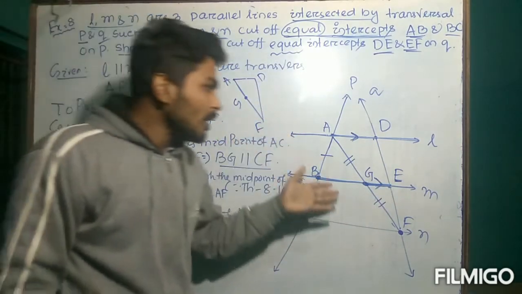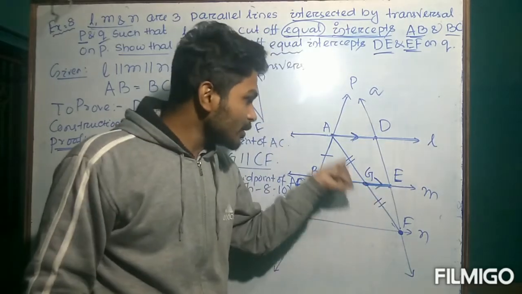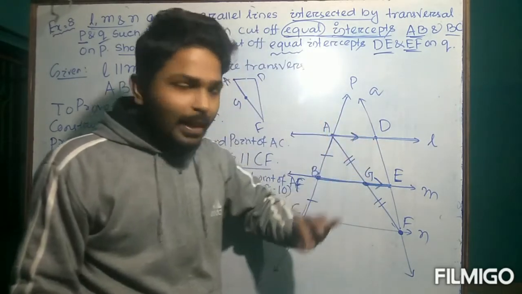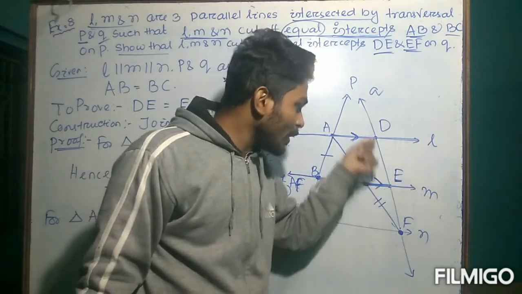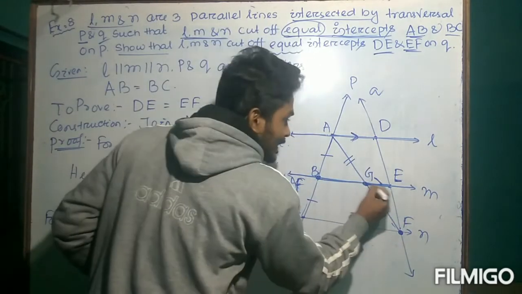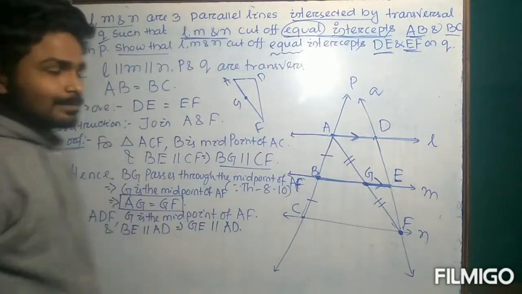Yes. Now, according to theorem 8.10, if a line segment passes through the midpoint of one side of a triangle and is parallel to another side, then definitely it passes through the midpoint of the third side of the triangle. It means GE passes through the midpoint of DF.